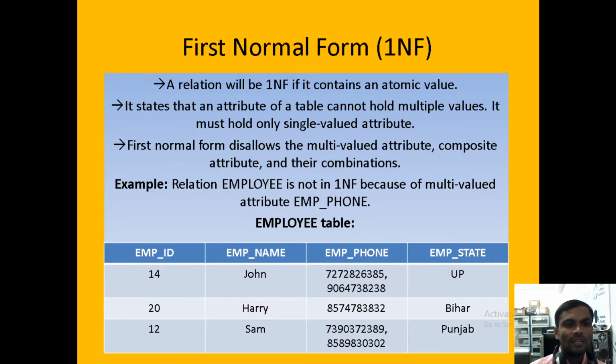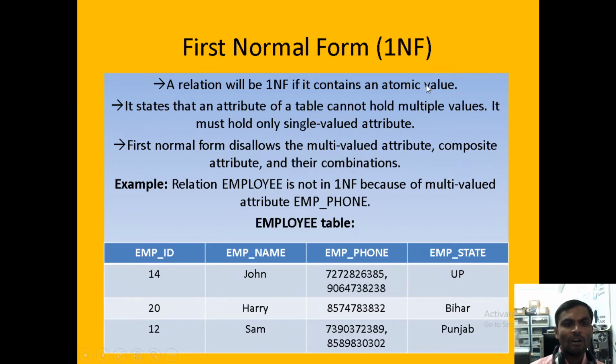Now it states that if an attribute of the table holds multiple values, it must be a single-valued attribute. For this attribute, the employee number, only a single value should be there. Then only we can call it an atomic value.